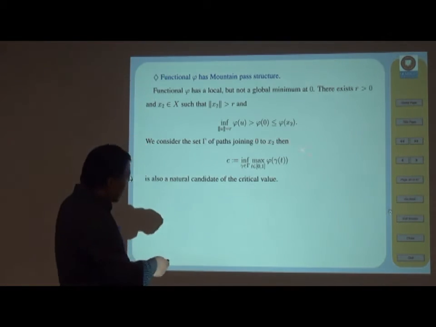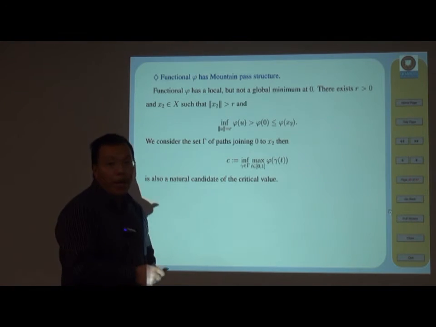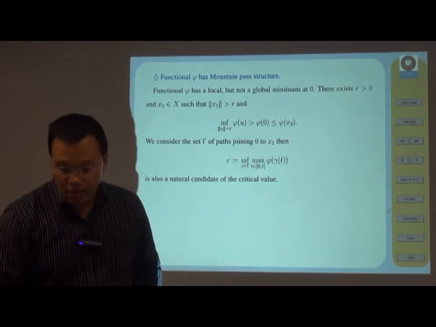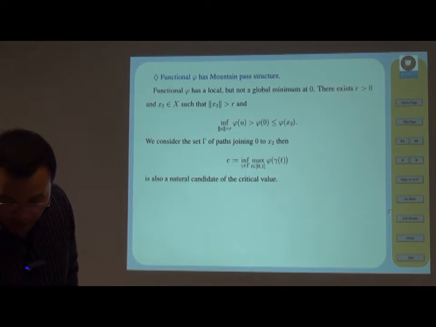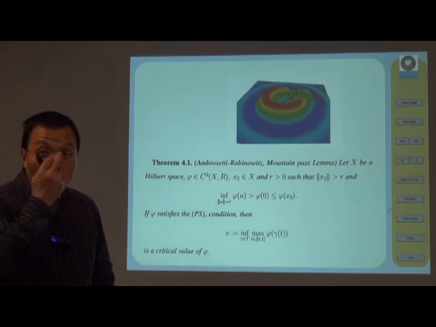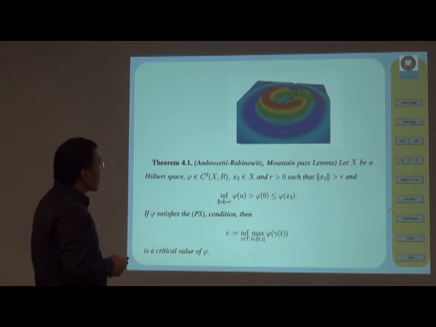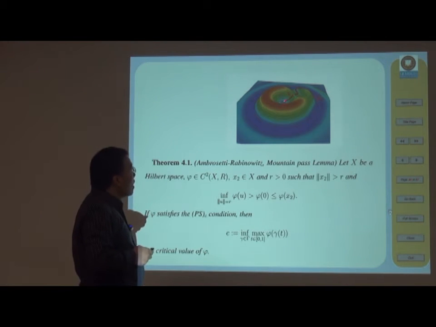This expression is very abstract, so we can look at this figure. This point is 0, and this point is x2. And 0 is a local minimum.